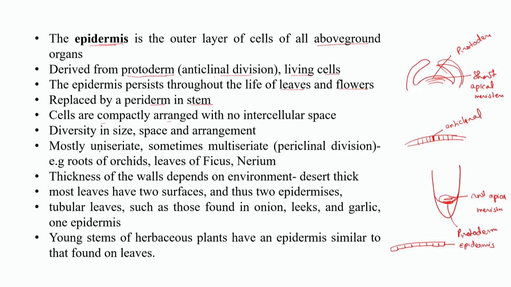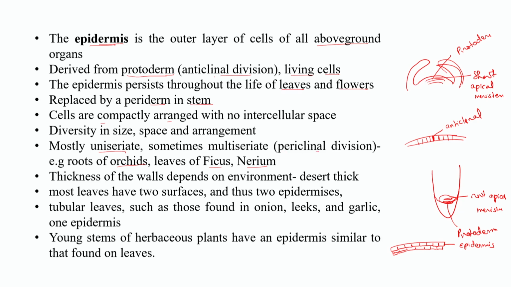Generally the epidermis is uniseriate, meaning a single layer of epidermis is generally found in most of the organs. However, in some cases it can be multiseriate, like 2 or 3 epidermal layers, but it's not very common, like in case of some roots of orchids, which are epiphytic plants, then in Ficus also, in Nerium also, they are multiseriate.